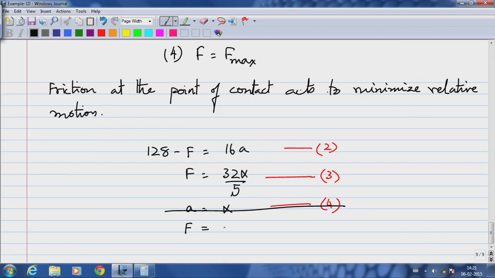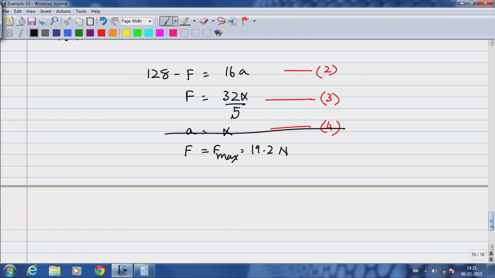So, we say F equals F max, which in this particular instance is 19.2 newtons. So, now what we find is that I have 3 unknowns, F, A and alpha, and 3 equations. This is now my correct 4th equation. So, I can solve these 3 equations.